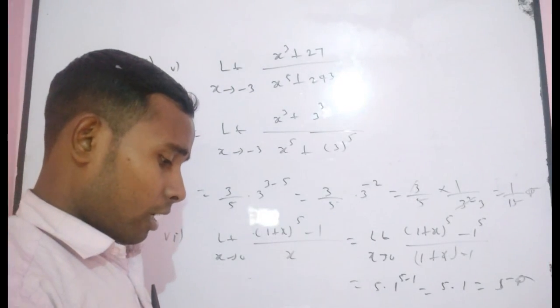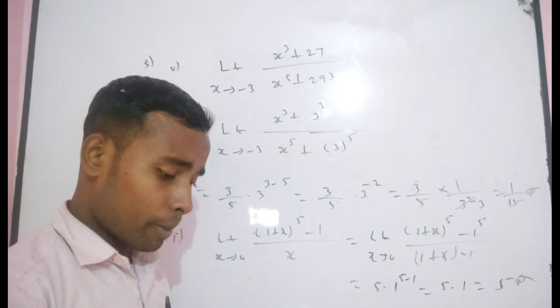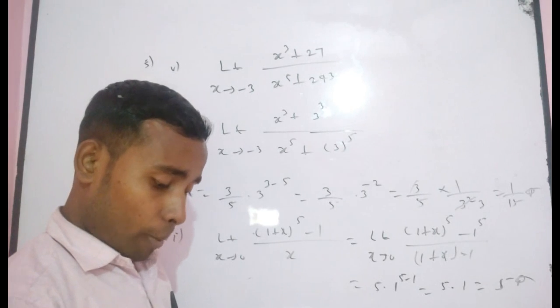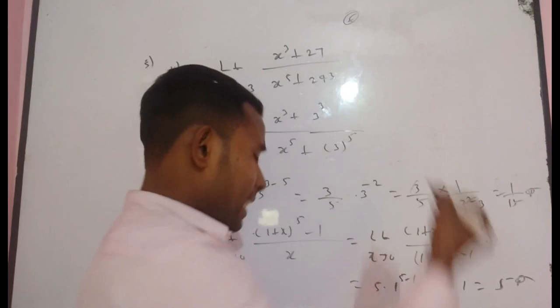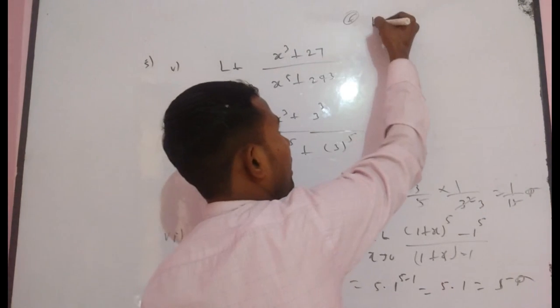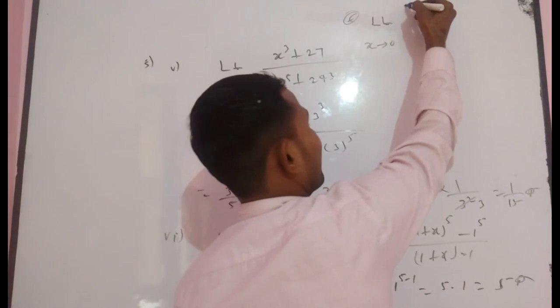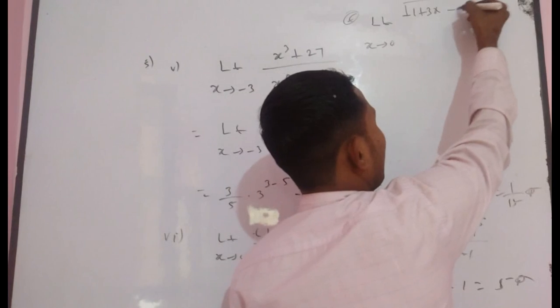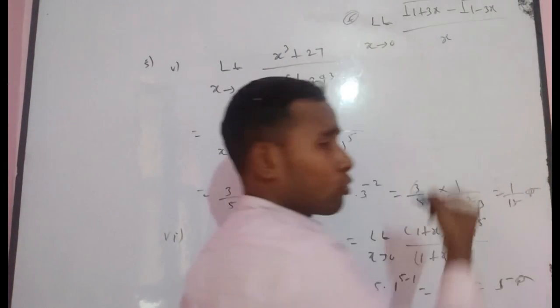Now I think this type of formula problems have all been discussed. Now I want to take some different problems. Example 6. It is given that the limit as x tends to 0 of (root under 1 plus 3x minus root under 1 minus 3x) divided by x, and you have to solve this problem.